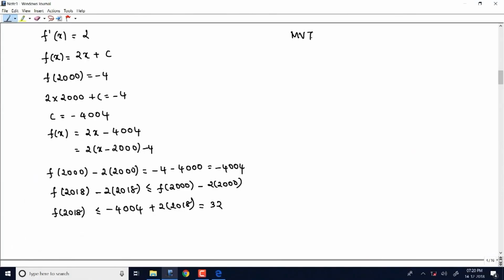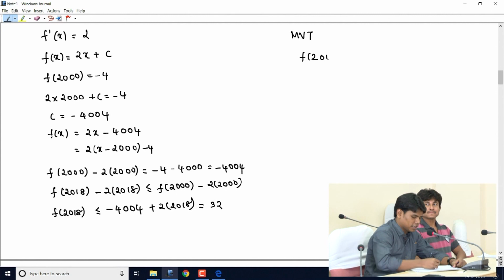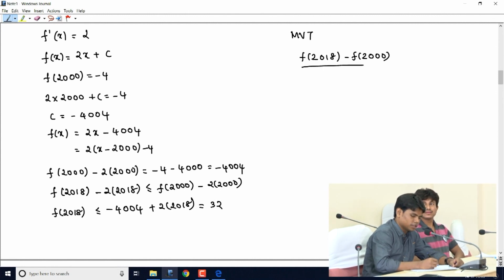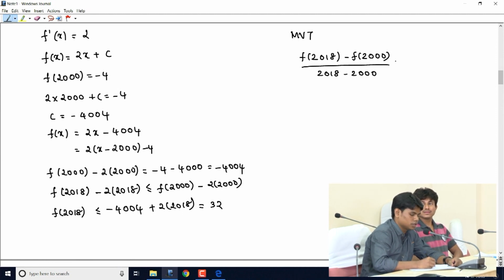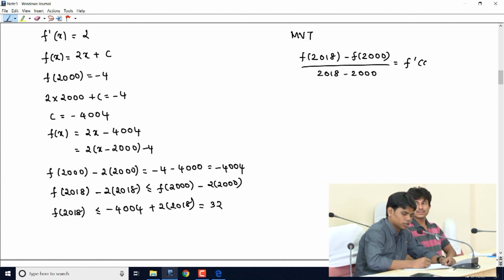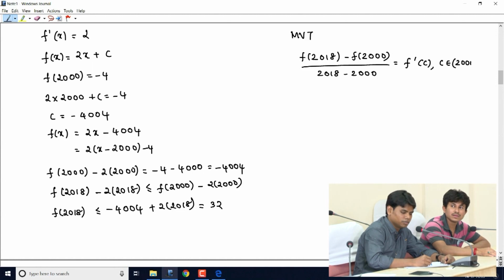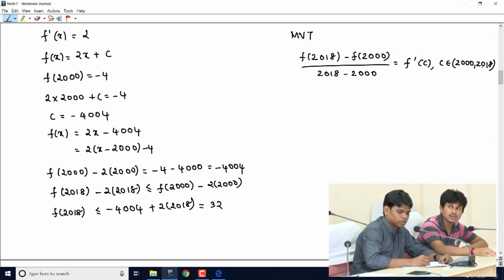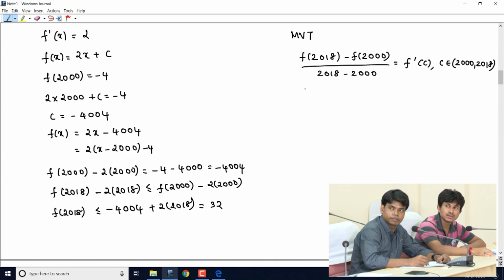Yeah, so it's a nice problem, but again, I would suggest that you try the same problem with the mean value theorem. Again the same idea. We can use the mean value theorem: f of 2018 minus f of 2000 over 2018 minus 2000 is equal to f dash c for some c in the open interval 2000 to 2018.